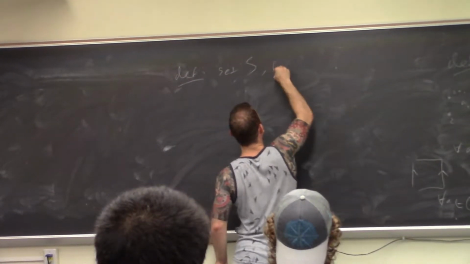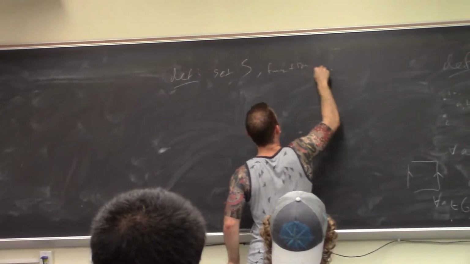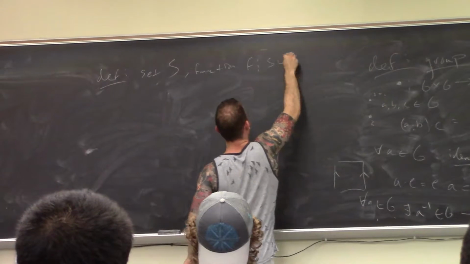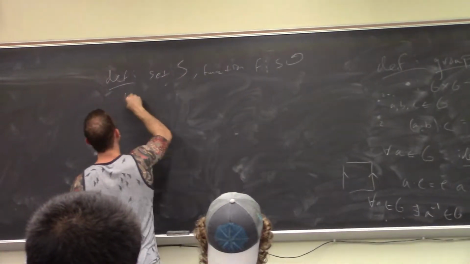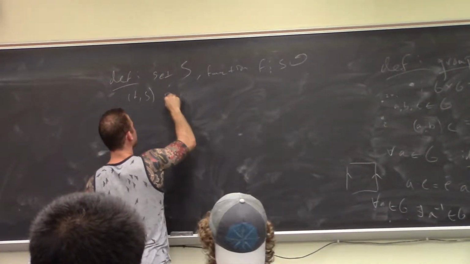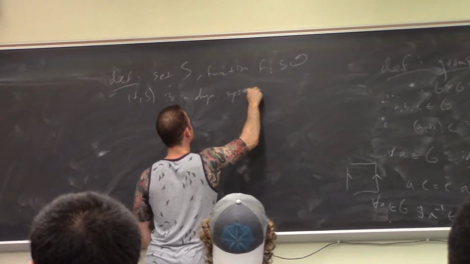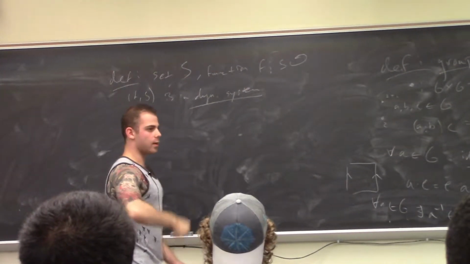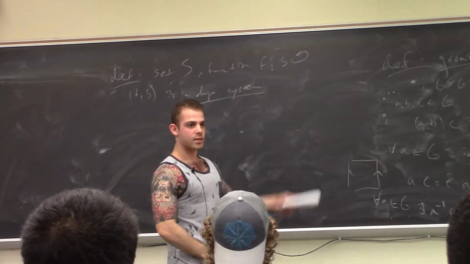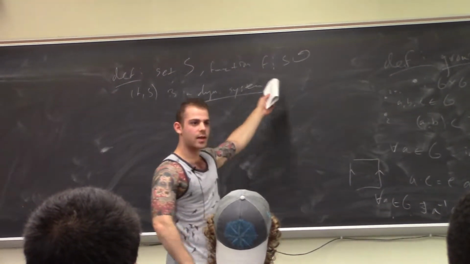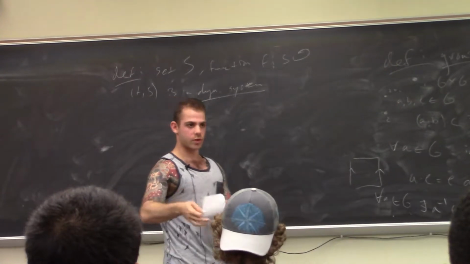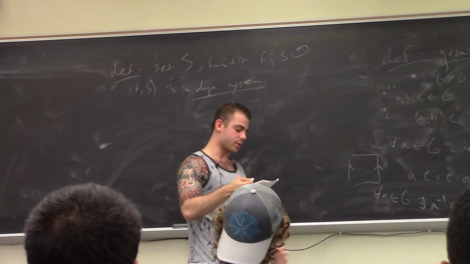And we're going to start with a function f that takes S to itself. The pair (f, S) is a dynamical system. The reason we care is because we can apply f as many times as we want to something in S, and we're just going to stay in S. That's why we care about this notion of iteration.